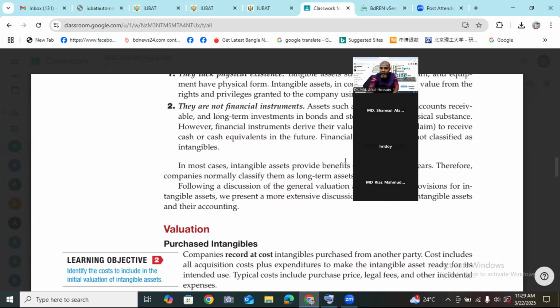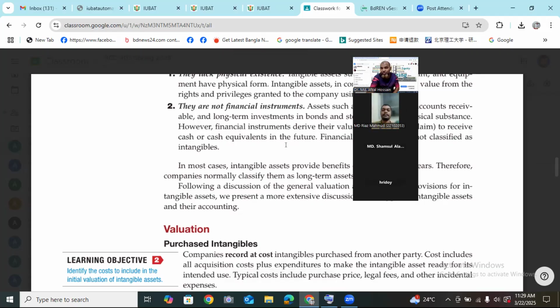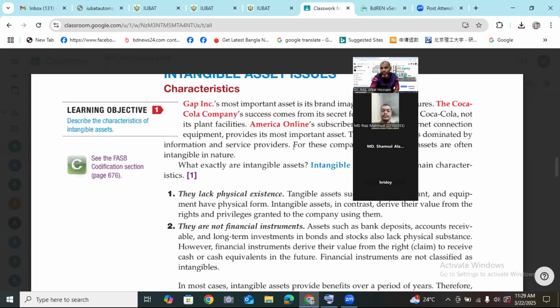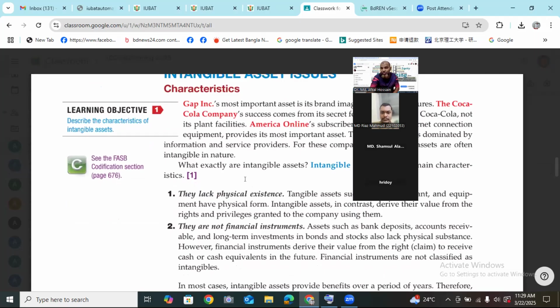So financial instruments derive their value from the right to receive cash or cash equivalents in the future. Okay. So these are the two characteristics of intangible assets. First of all, they lack physical existence. Second, they are not financial instruments. Understand?